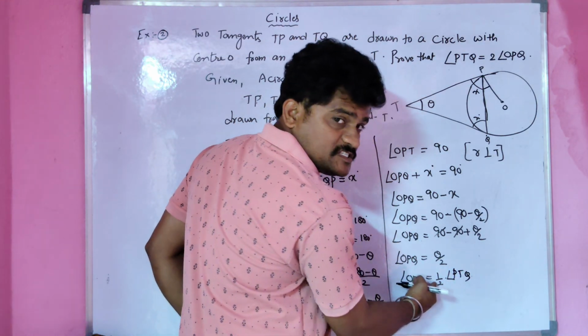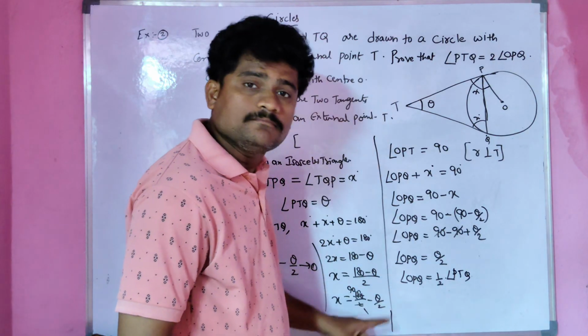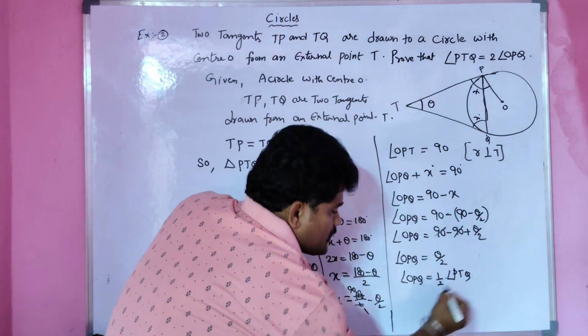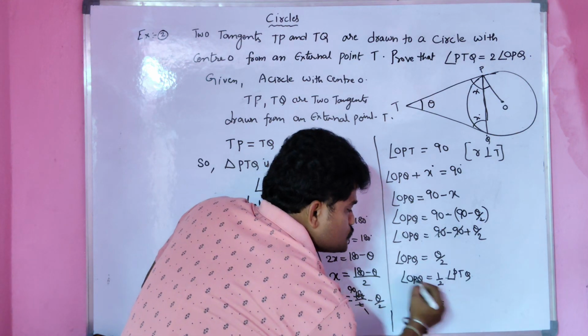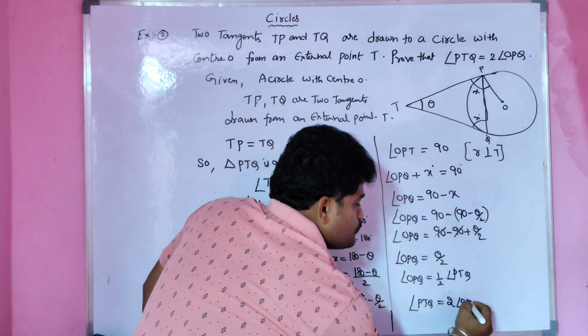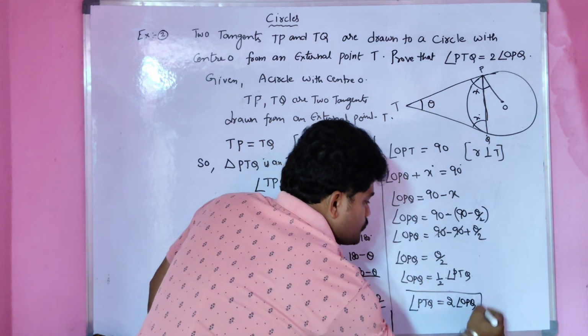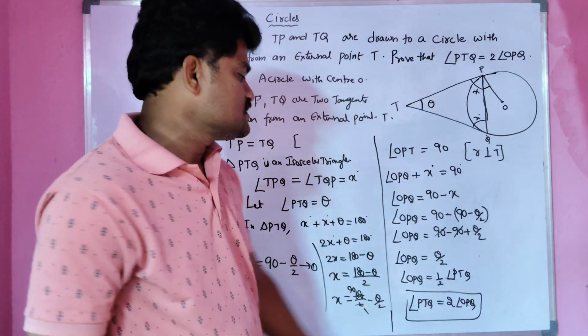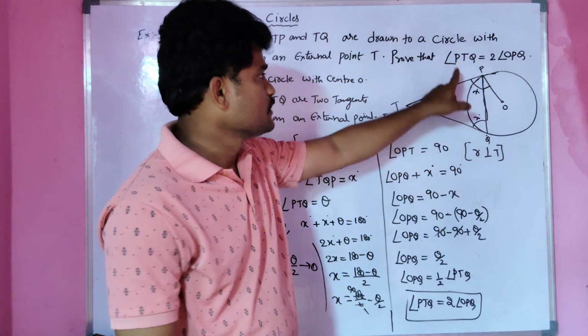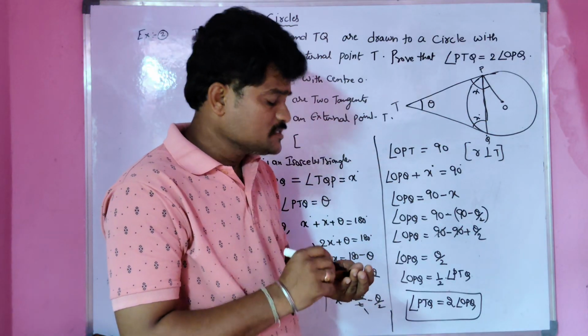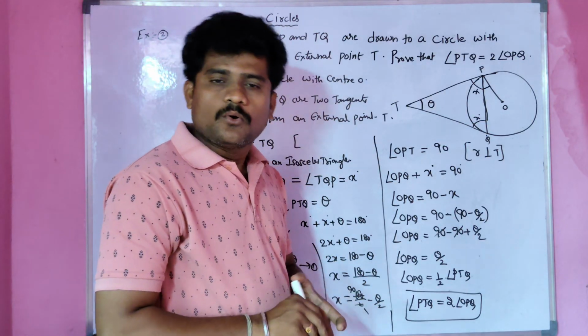I will send it to this side, where division becomes multiplication. So finally, angle PTQ is equal to 2 multiplied by angle OPQ. So that is proved: angle PTQ is equal to 2 times angle OPQ.